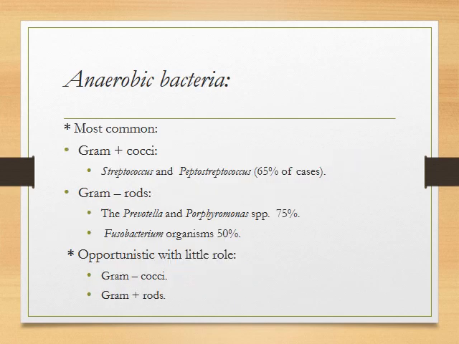The most common anaerobic bacteria associated with odontogenic infections are gram-positive cocci, mainly Streptococcus and Peptostreptococcus, and the gram-negative rods, Prevotella and Porphyromonas species, and also Fusobacterium species. Other opportunistic bacteria with little role are gram-negative cocci and gram-positive rods.